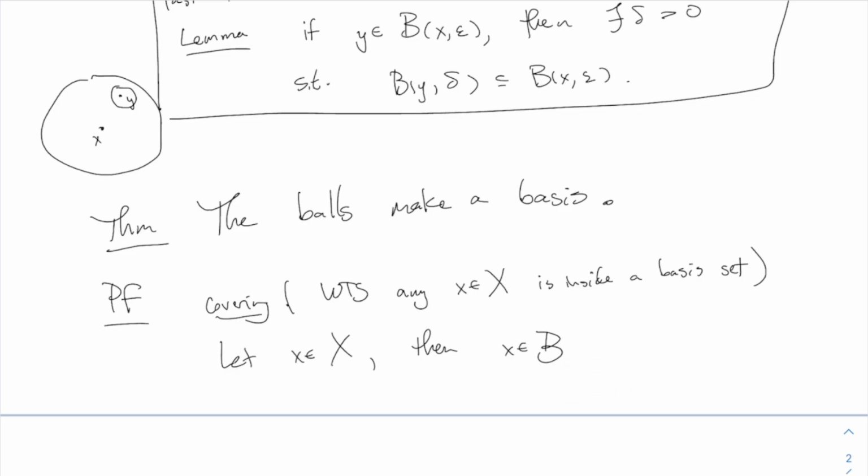You just have to say specifically that x is actually inside a ball. Anybody want to suggest? There's not just one correct answer, but there's probably one answer that everybody's going to say.